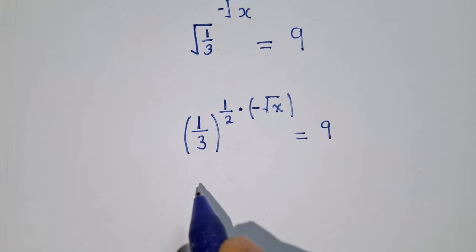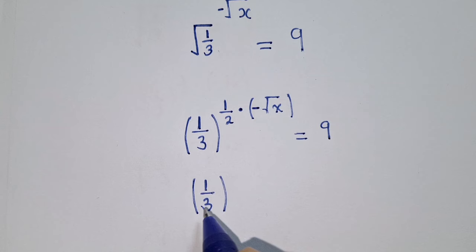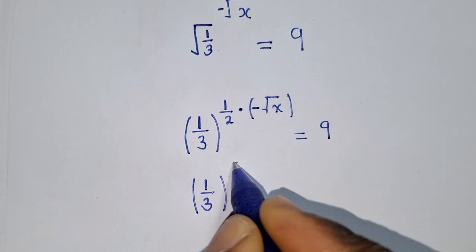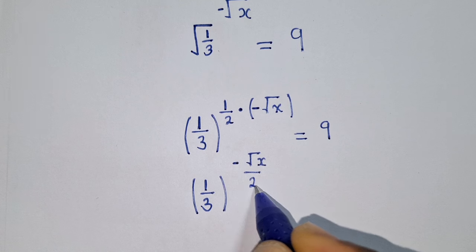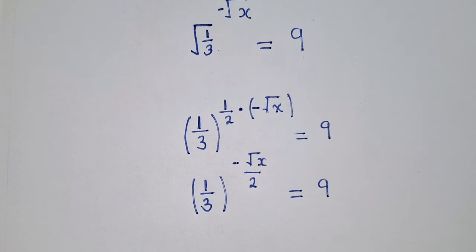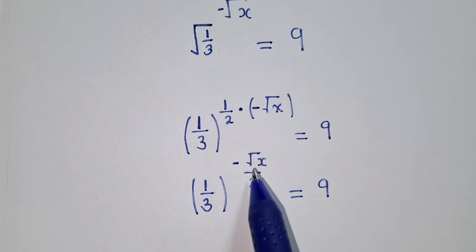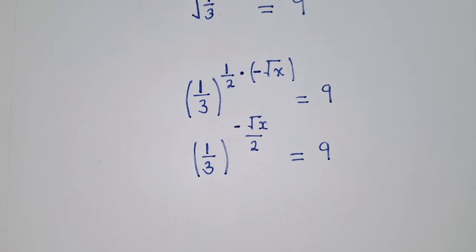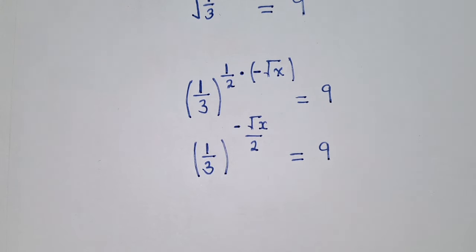So from this stage, we can say 1 over 3, then here the exponent will be negative square root of x over 2, which is equal to 9. You see the way it is, this power times the power here. Now from here, we shall get rid of this denominator on the power.